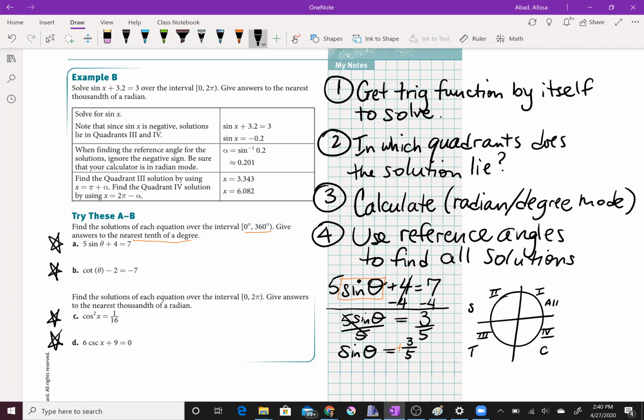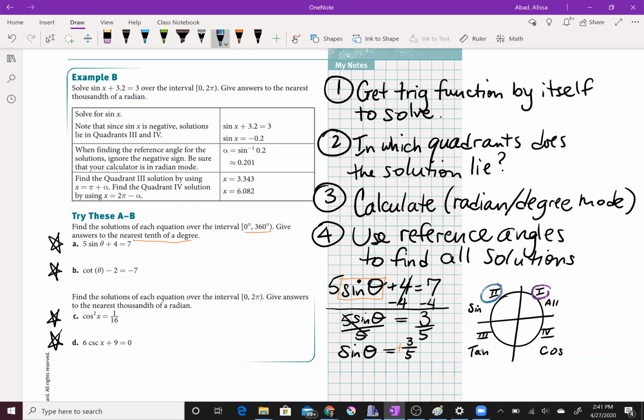So this is where sine is positive, tangent is positive, and cosine is positive in this quadrant. Okay, so the only quadrants where sine will be positive would be quadrant 1 and quadrant 2. In quadrant 3 and 4, sine is negative. So we're going to note we'll be working with quadrant 1 and 2.